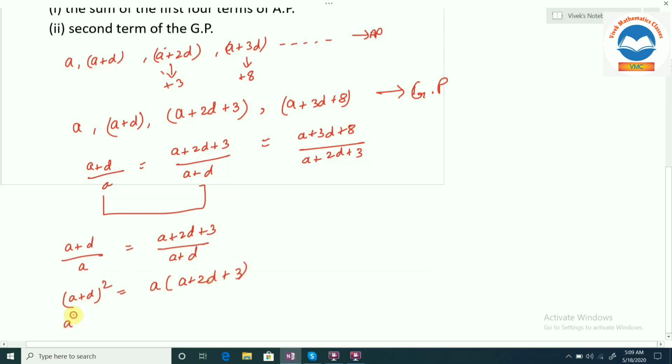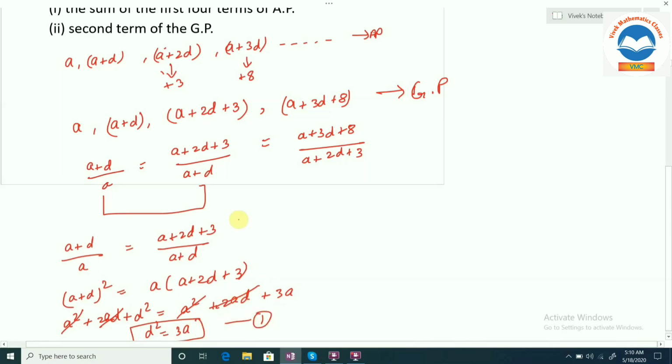So expand it, you will get A square plus 2AD plus D square. This will be equal to A square plus 2AD plus 3A. So A square will be cancelled out, 2AD also will be cancelled out. So what we are getting? We are getting D square equal to 3A. This is our equation number 1. D square equal to 3A.